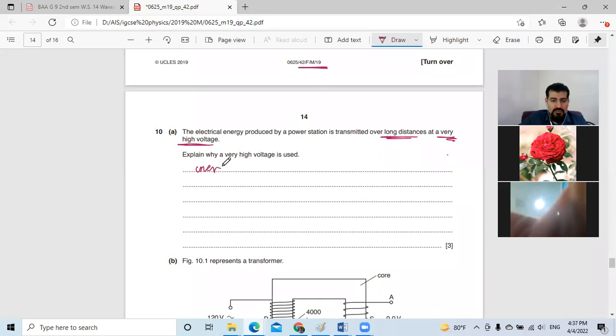Increasing the potential difference causes the current to be low.